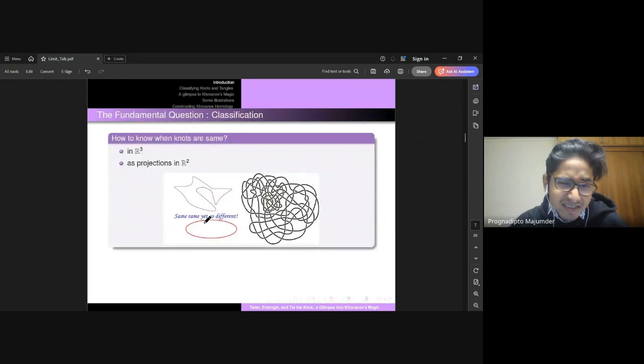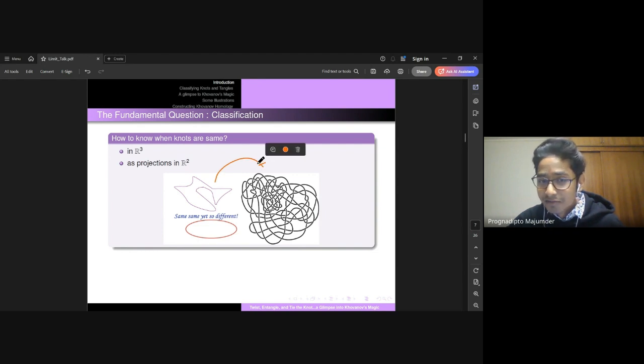So this is a very nice looking circle up to stretching. And this is also the same circle up to a bad kind of stretching. And just how bad kind of stretching do you need to transform this into this kind of figure? I know that this is the same, but how do I prove it? And what do I exactly mean by 2 knots being the same?